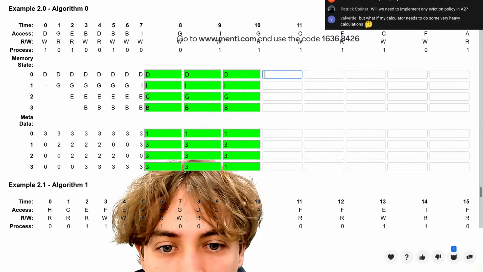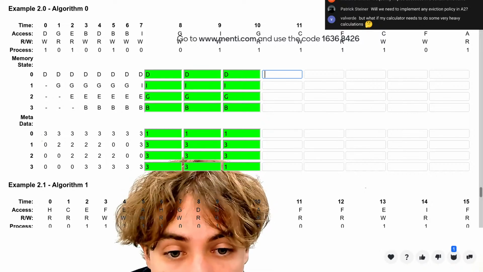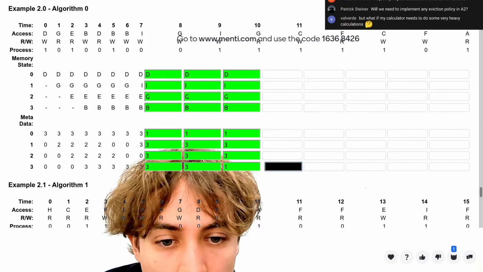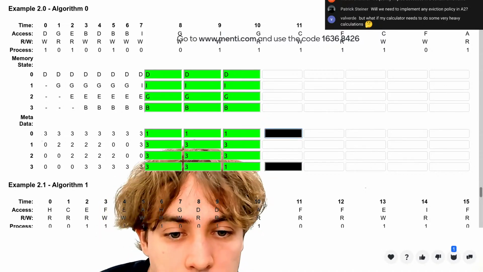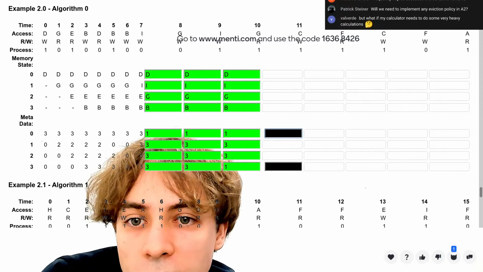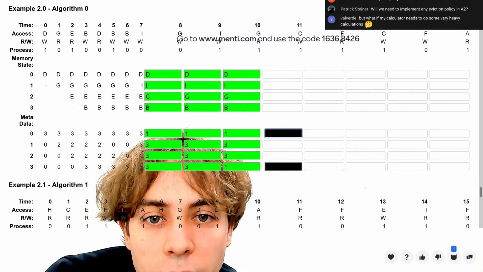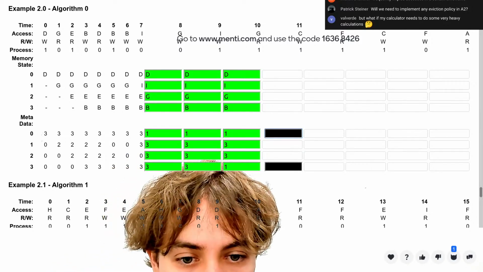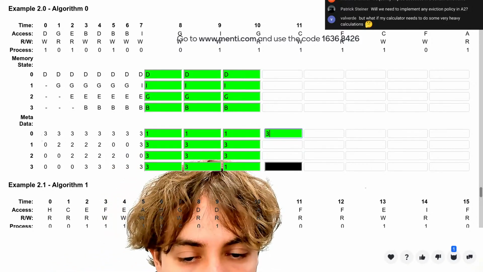Next step, we access location number C. This has to replace something, so it will replace either this one or this one. Which of these? The random number generator will always select the first topmost of them. So it will go here, and this is the write access, so this will now be updated to a 3.